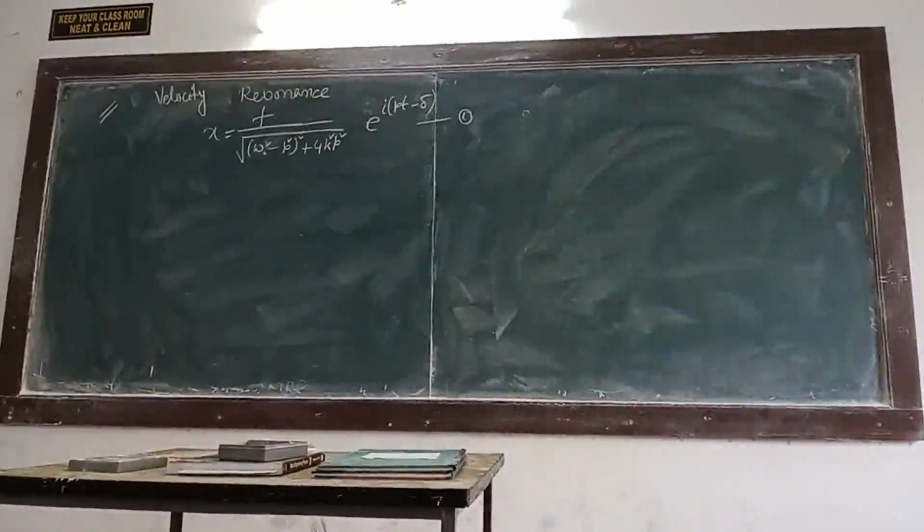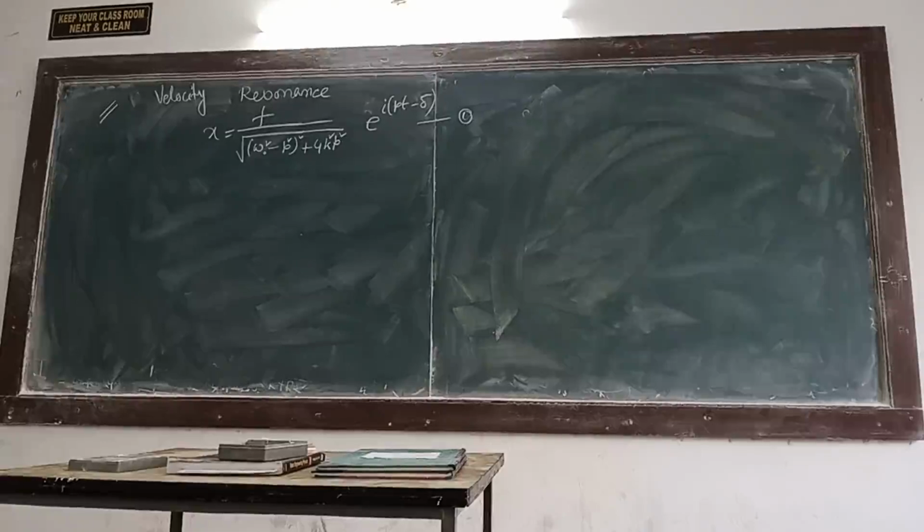Now for a particular value of the applied frequency, the amplitude of the velocity of the particle becomes maximum. That is called the velocity resonance.